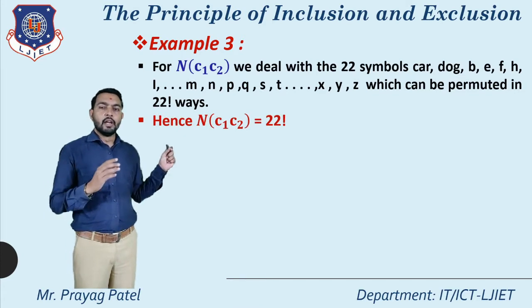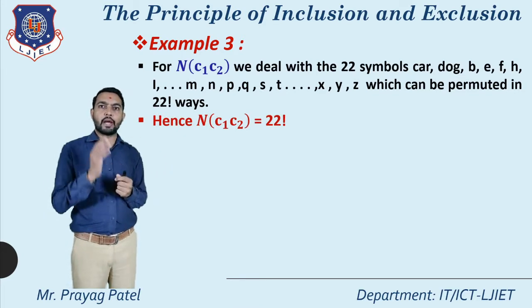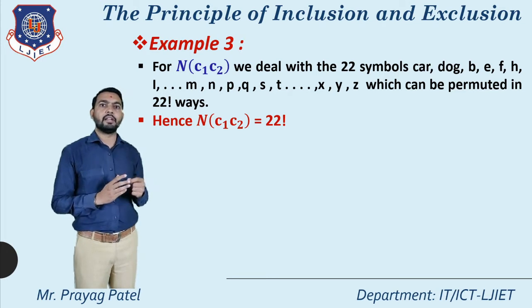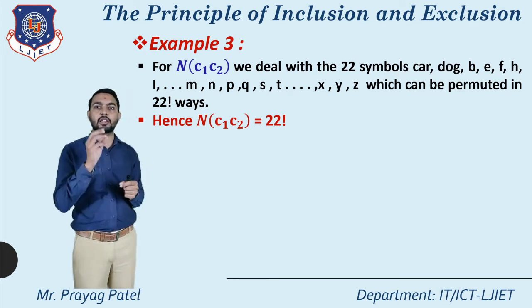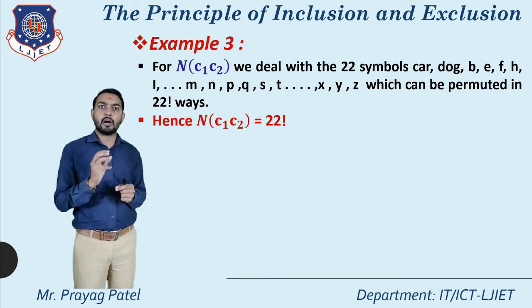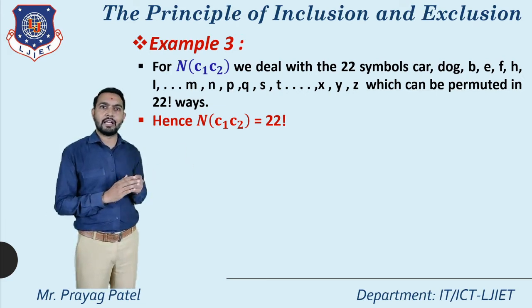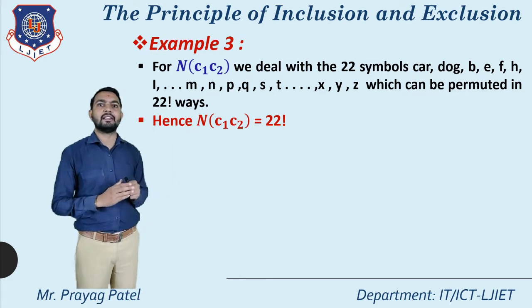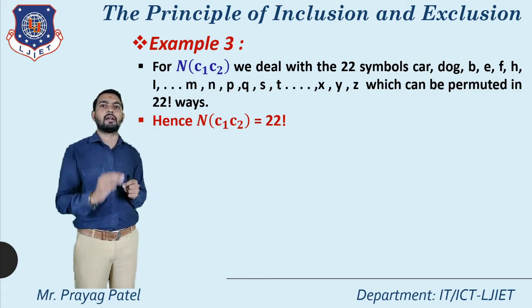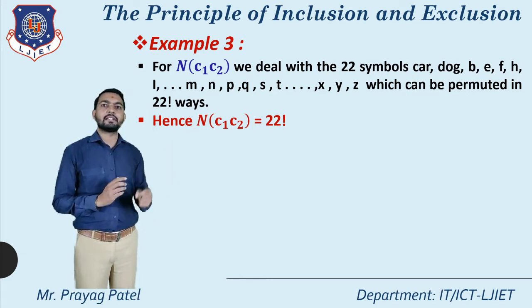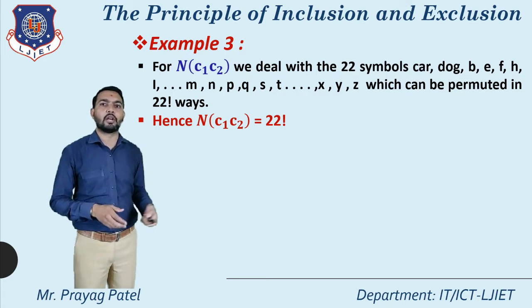Next we combine two conditions. So for N(C1 C2) we deal with 22 symbols, because compulsorily we add CAR and compulsorily we add DOG. So CAR and DOG are compulsorily added, then the remaining characters are like this, so a total of 22 symbols are available. So N(C1 C2) equals 22 factorial.